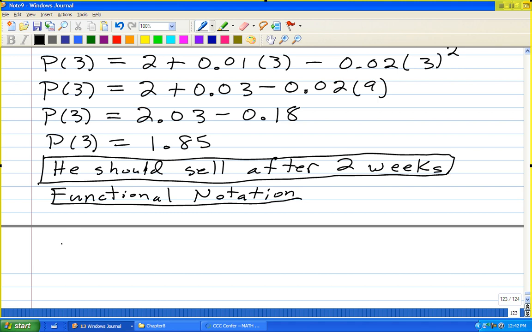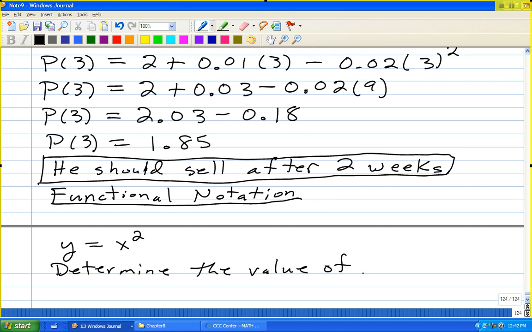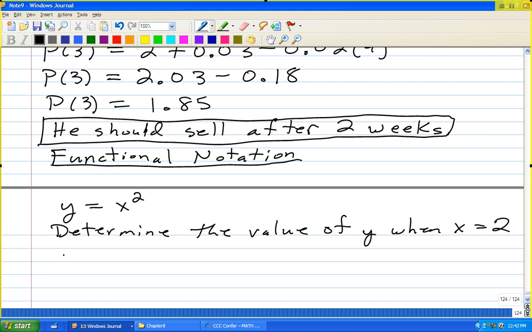So suppose I had y equal x squared, and suppose I ask you to determine the value of y when x is equal to 2. Well, that would be easy. You would just replace x by 2, and so you get y equals 4. Okay, that's fine.